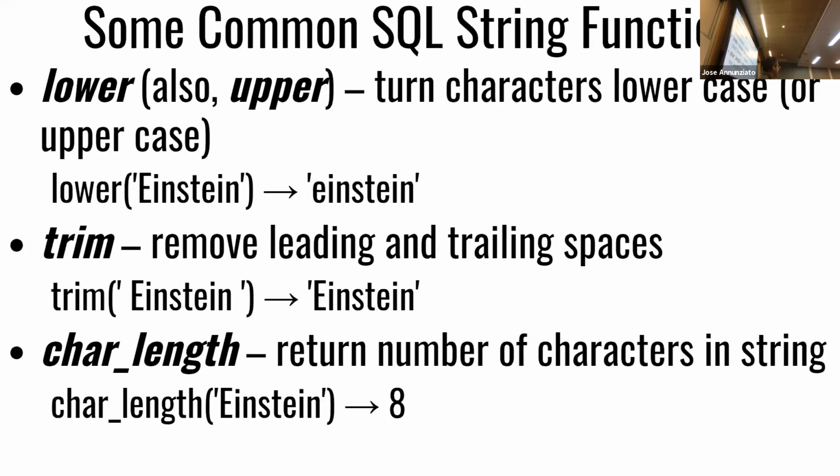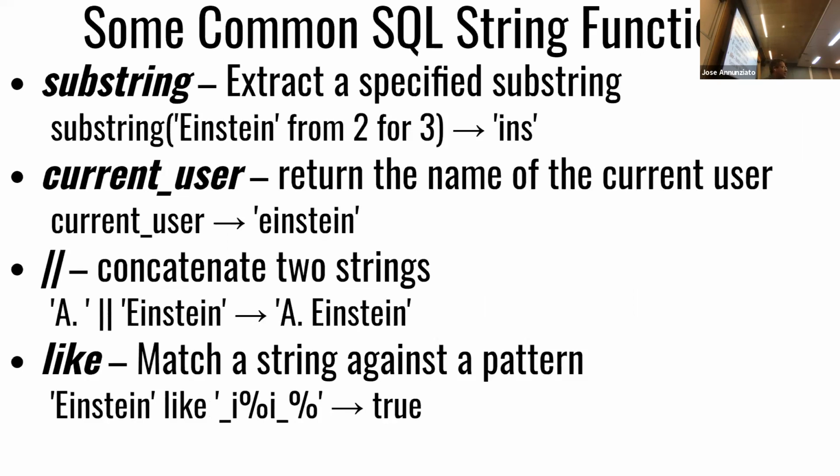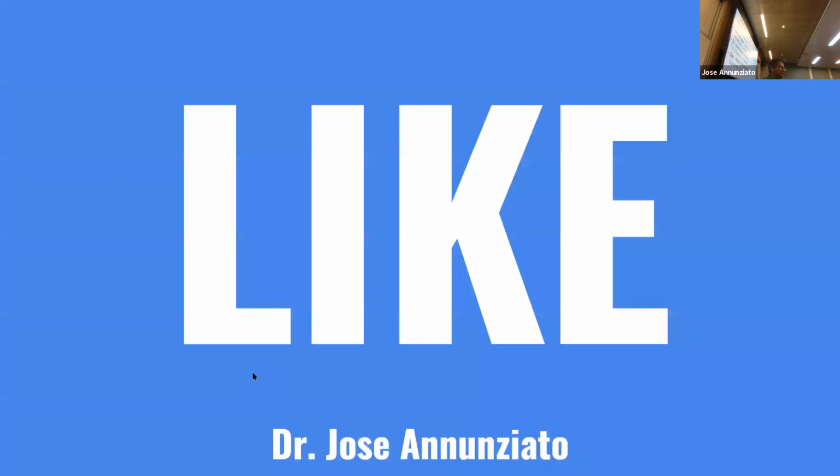All the operations that you might expect for string manipulation, for converting to lowercase, uppercase, trimming, removing extra spaces, tabs, substring, anything you would expect with any advanced programming language. You can also concatenate two strings. You can do pattern matching using the like operator, where you have underscores and percentage to match single or multiple characters. And we'll see examples of these.